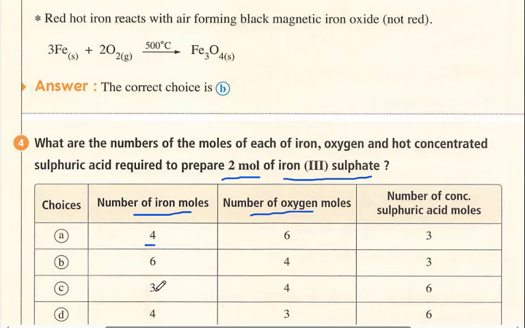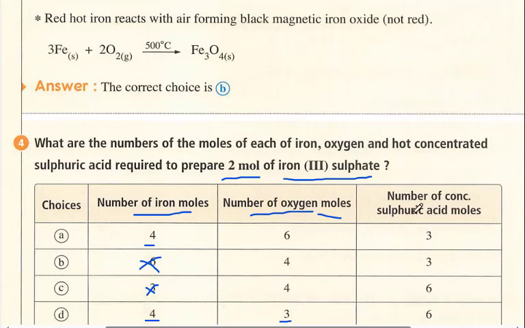So it is 4 and 6. It is not 3. Here the oxygen is 3 atoms, but we want 2 moles, so we multiply to 6 atoms. Oxygen is a diatomic molecule, so it is 6 atoms or 3 moles of oxygen O2.